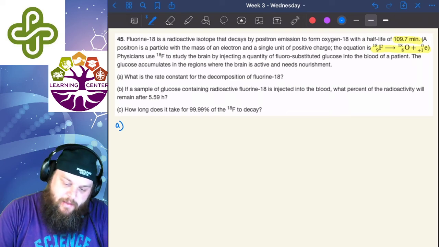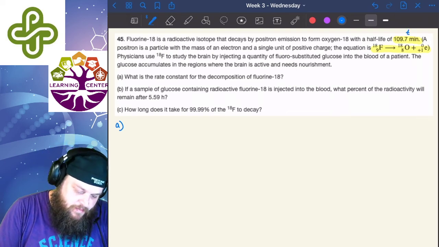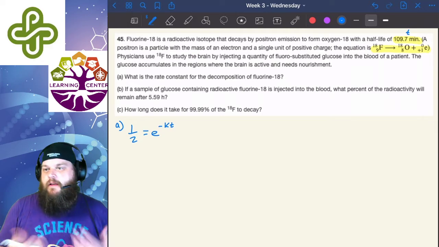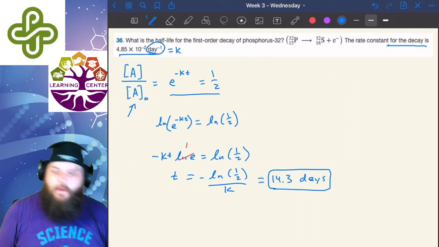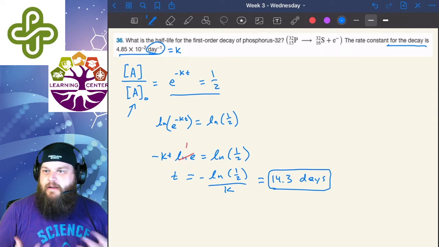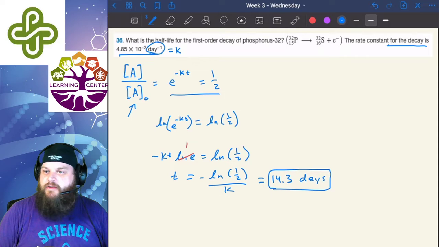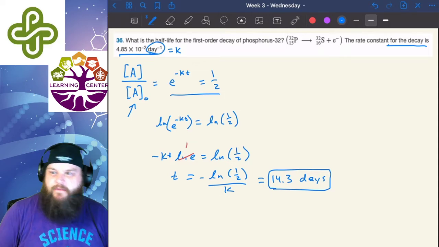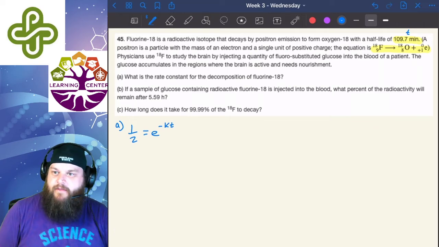We know this time is here. And we know this equation, 1/2 is going to be equal to e to the negative kt, is up there. Again, the same equation we used over here, we had to rearrange it a little bit to get to that concentration difference between what we have divided by the initial is going to equal 1/2. That brings us to this type of half-life equation here.